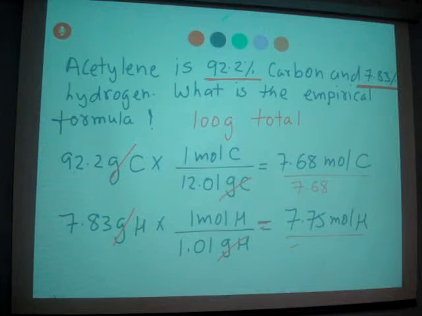So you divide 7.68 on both sides and you get about 1:1 ratio, right? So you say that empirical formula for this compound is CH. Carbon is 1 and hydrogen is 1. The minimum mole you can divide by and find that ratio. So empirical formula of acetylene is CH.